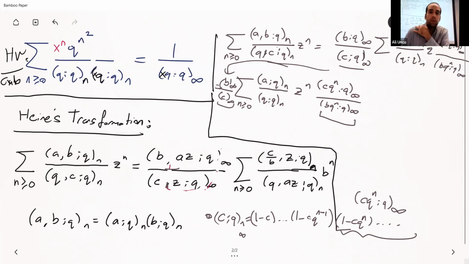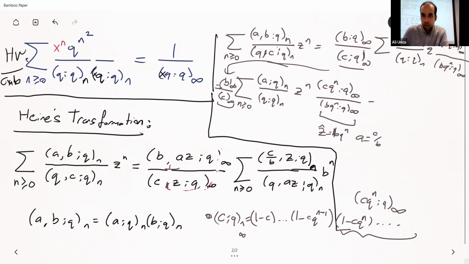If you look at the q-binomial theorem, it was (az; q)∞ over (z; q)∞, right? For me to write this as a q-binomial, my z of the q-binomial theorem should be b q^n, and my a, from (az; q)∞ over (z; q)∞, should be c over b. So that (az; q)∞ would become (c q^n; q)∞, and (z; q)∞ would be (b q^n; q)∞.